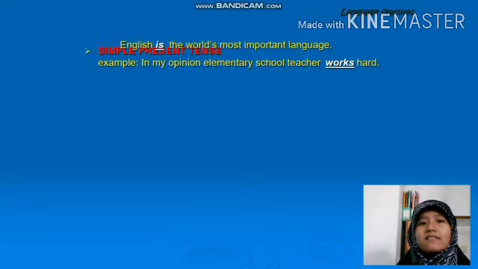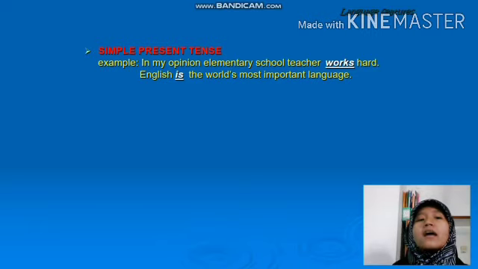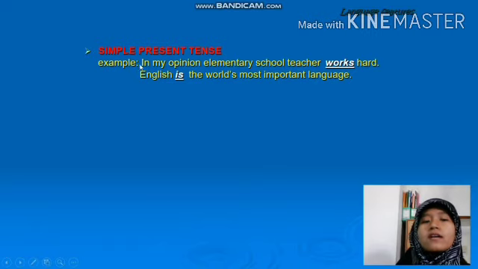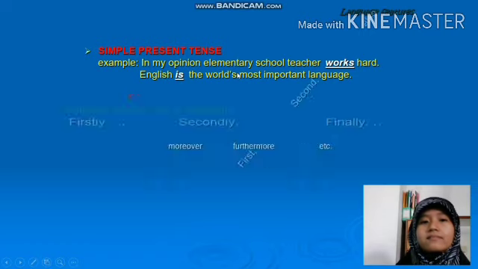Well, okay, now let's talk about the language features of analytical exposition text. The first one, the tenses. It uses simple present tense. For example, like this. In my opinion, elementary school teachers work hard. English is the world's most important language. Yeah, mostly used in present tense.